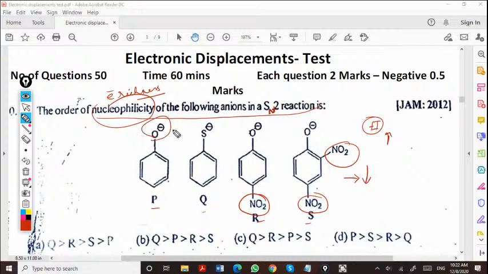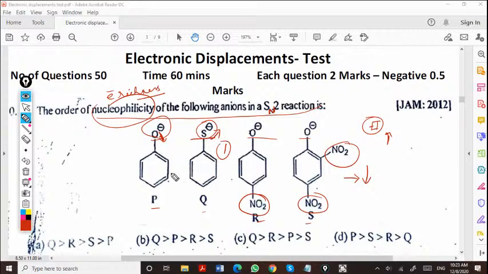Oxygen and sulfur: these three are with oxygen with the withdrawing groups, and this is sulfur. Among oxygen and sulfur, oxygen is more electronegative, so it cannot donate much electron density. So sulfur can donate more electron density, so it will be a good nucleophile.